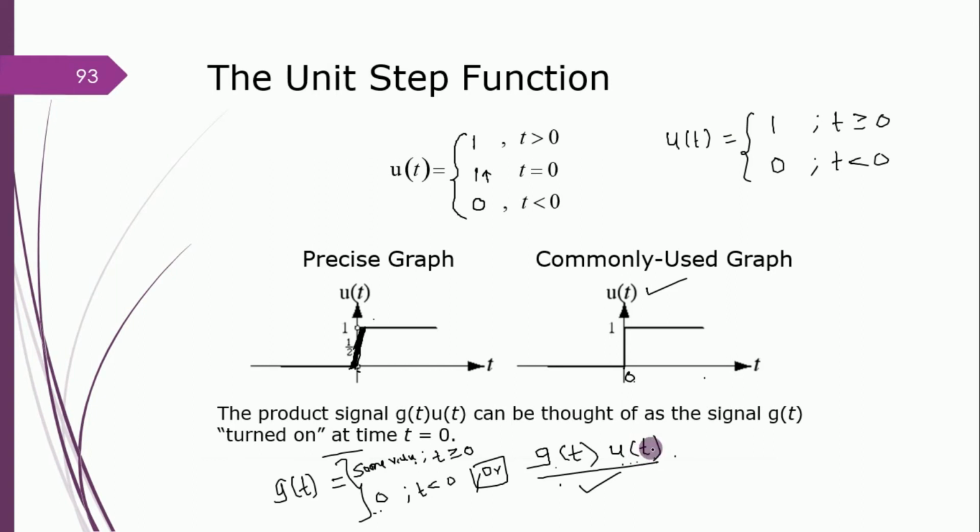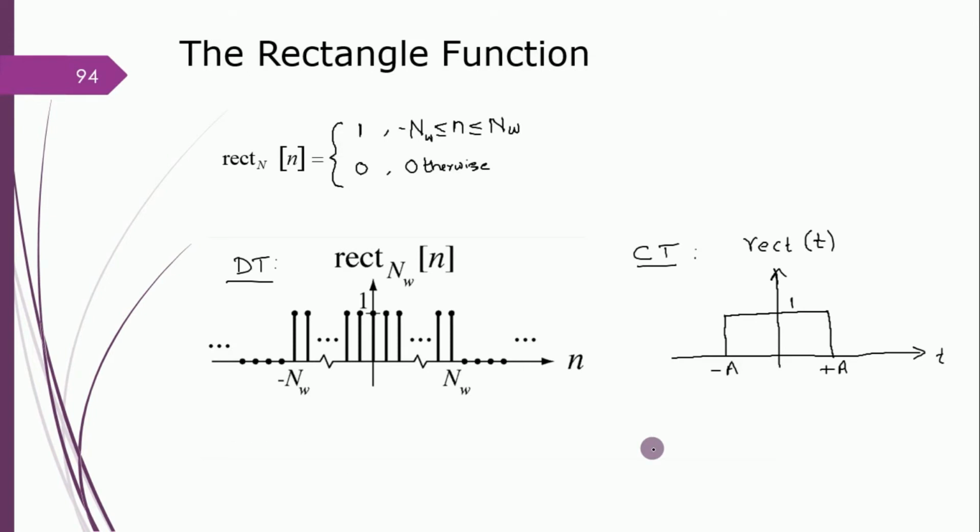Fine. So now quickly we will take one more signal which is related to the unit step function. That is the rectangle function. For the rectangle function there is again a DT signal and a CT signal. Here I have shown a rectangular signal. It has amplitude 1 for a specific range, that is minus N suffix W to plus N suffix W, and otherwise it has 0 values.